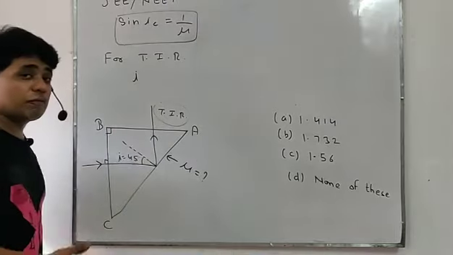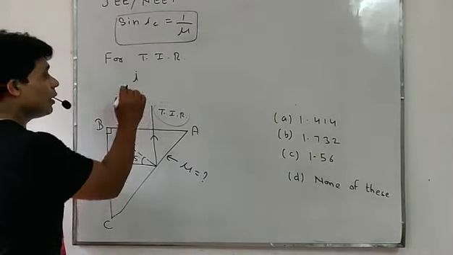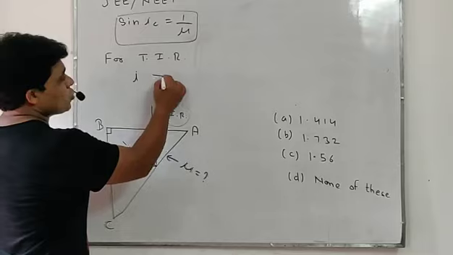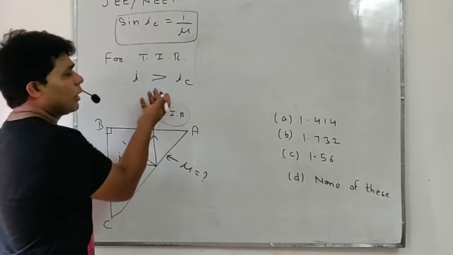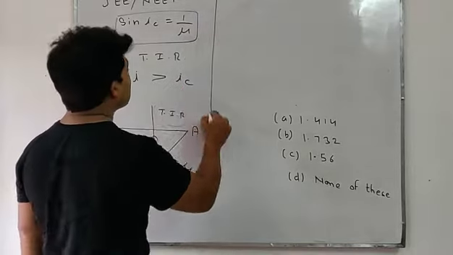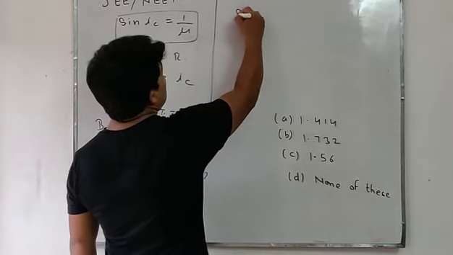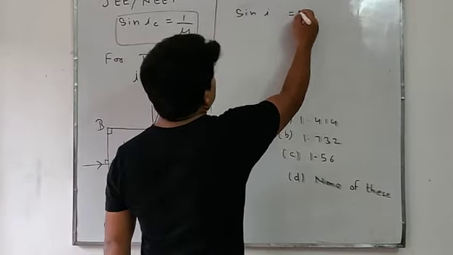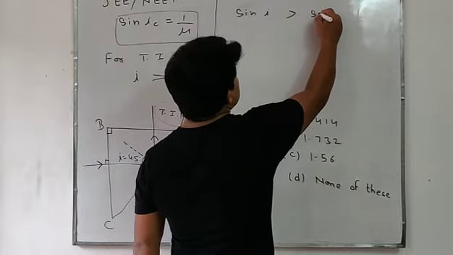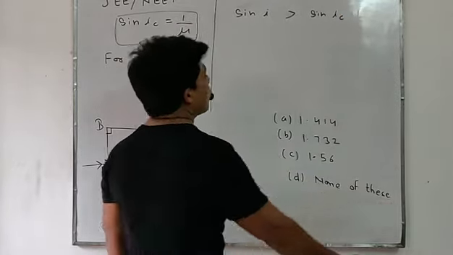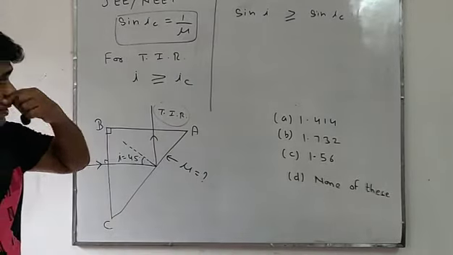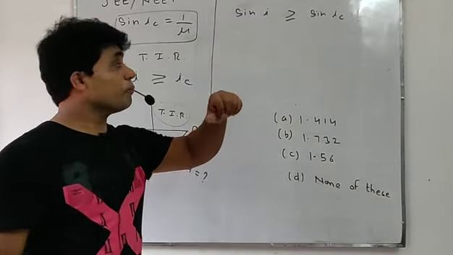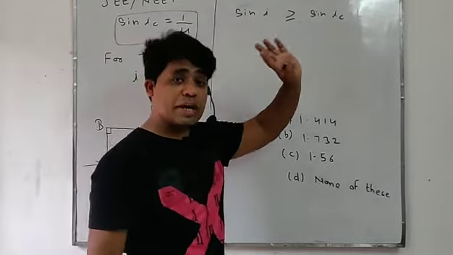For this TIR, the incident angle should be greater than or equal to the critical angle. Taking sine on both sides, sine I is greater than or equal to sine IC.